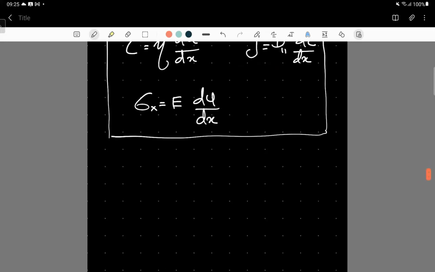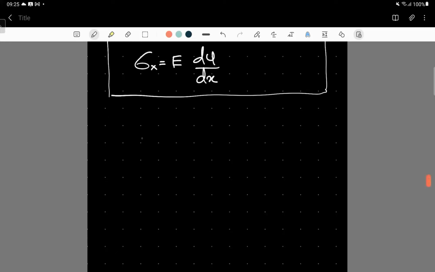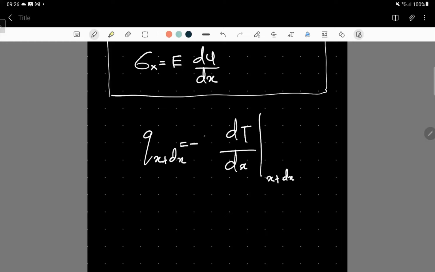If we consider the x surface, for the other surface 2, similarly, we can write down the heat flux at x plus dx, equal to the temperature gradient evaluated at x plus dx multiplied by the proportionality constant, thermal conductivity, with a minus sign because the heat flow occurs in the opposite direction of the temperature increase.